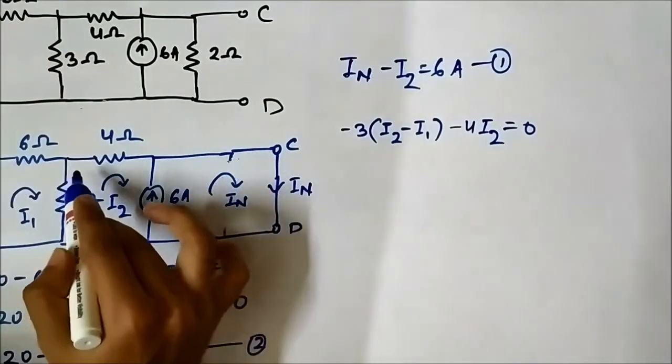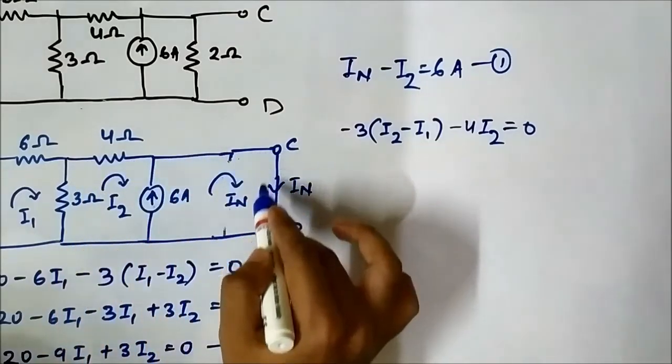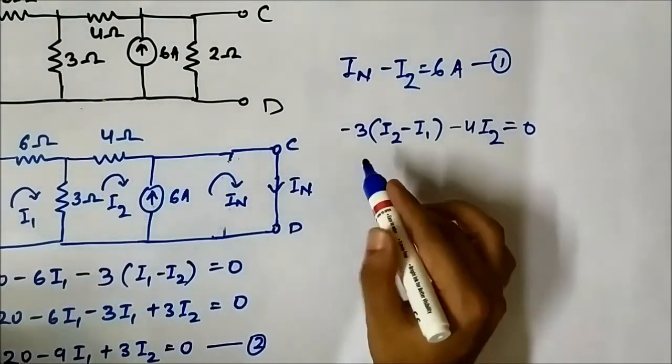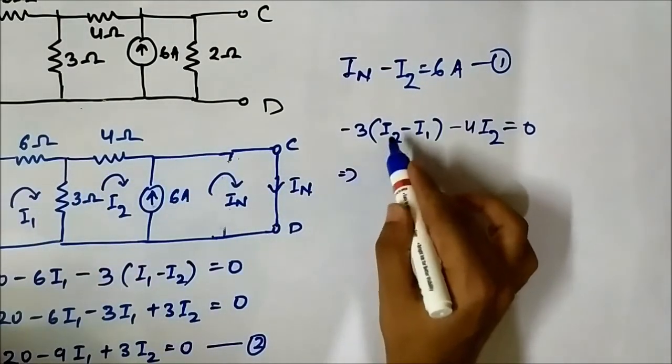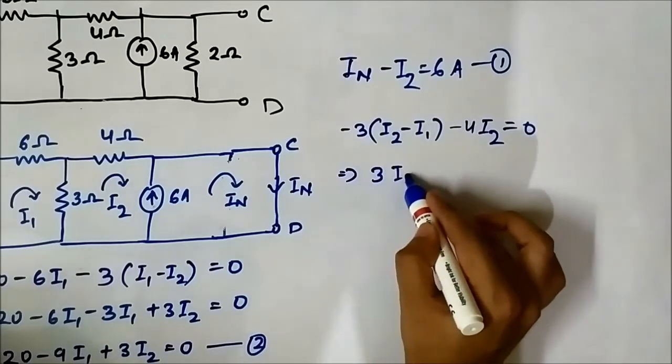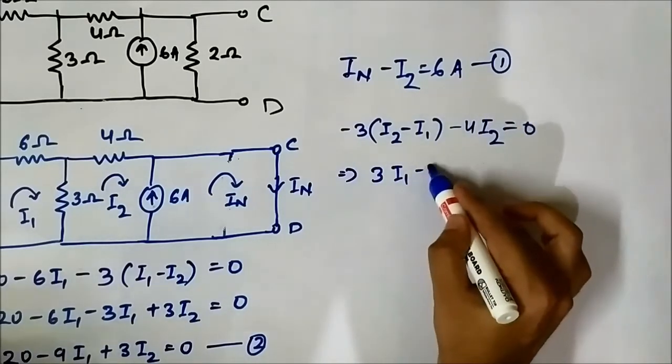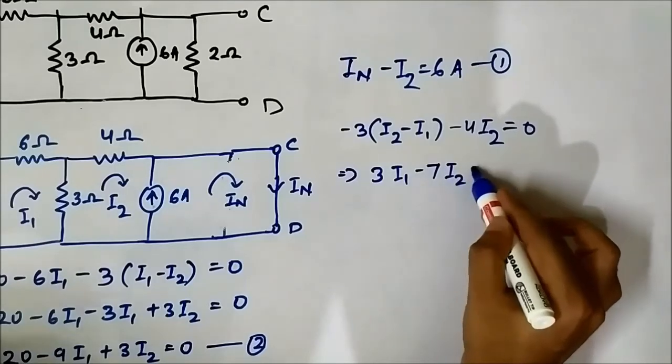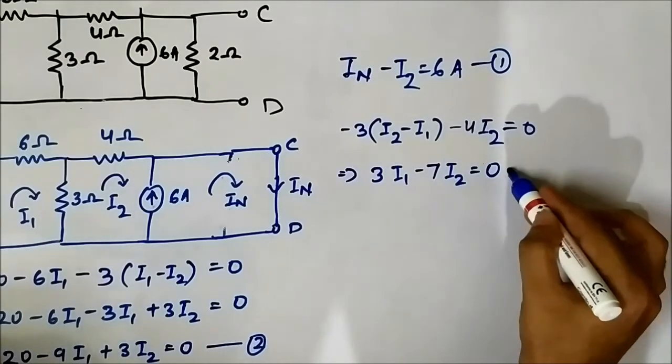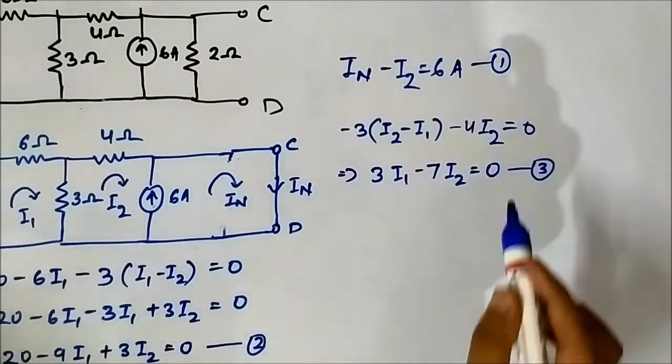We will apply KVL like this. That implies 3I1 minus 7I2 is equal to 0. This is the third equation.